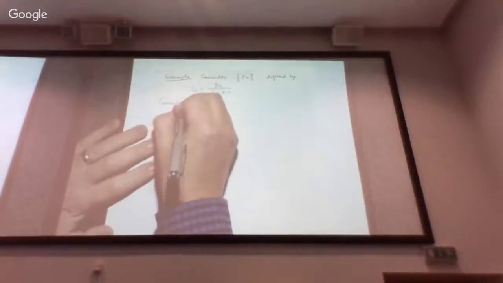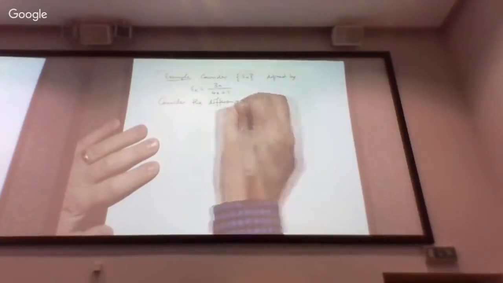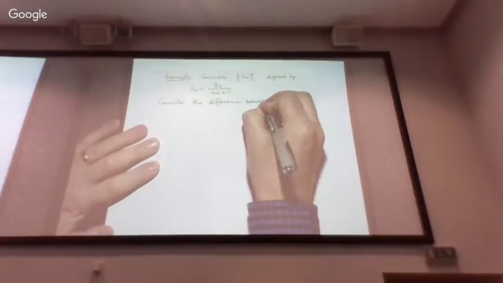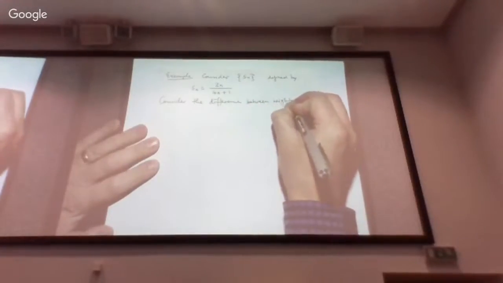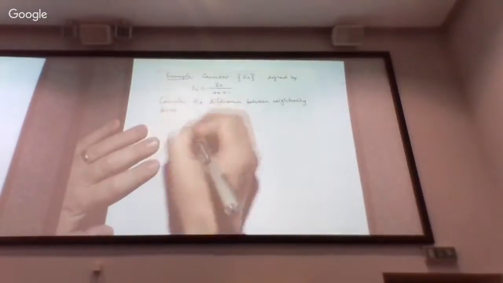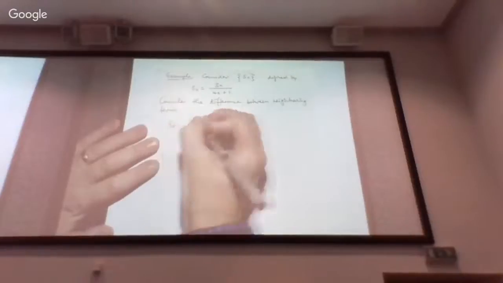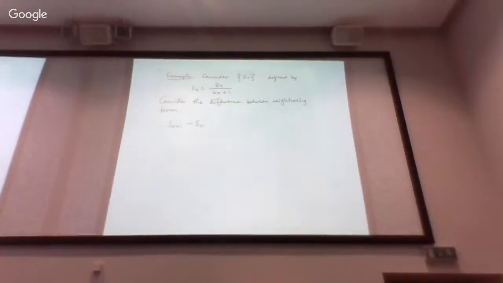So we'll consider the difference between consecutive terms, neighboring terms, if you like. So we'll look at Sn plus 1, and we'll examine the difference between that and Sn, the term that came right before it.